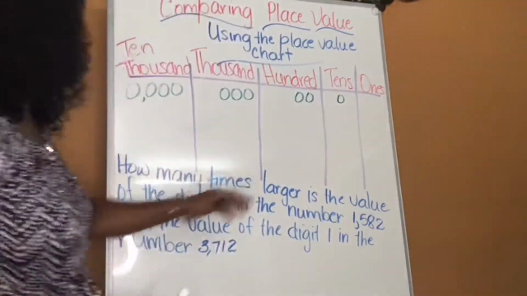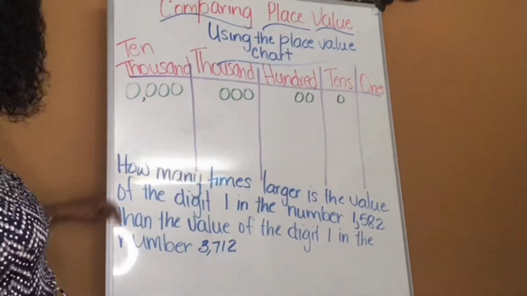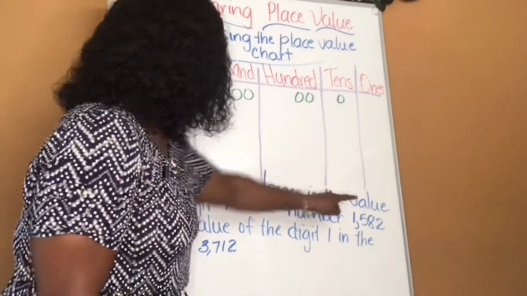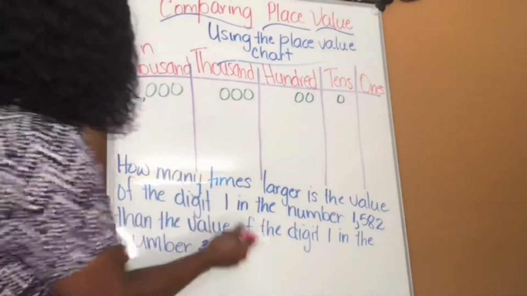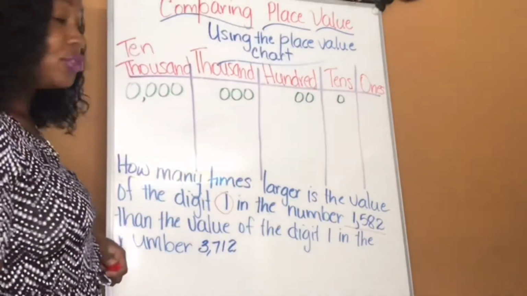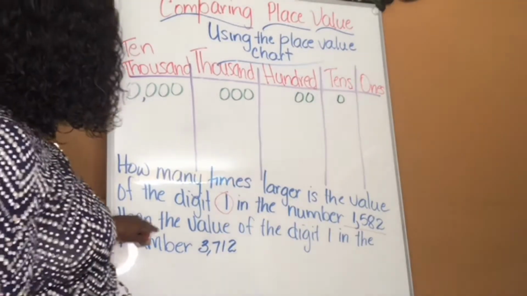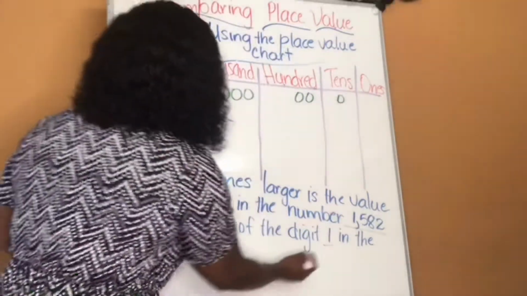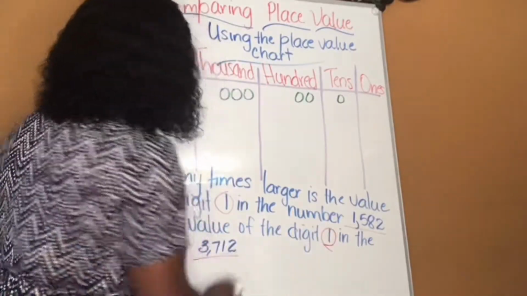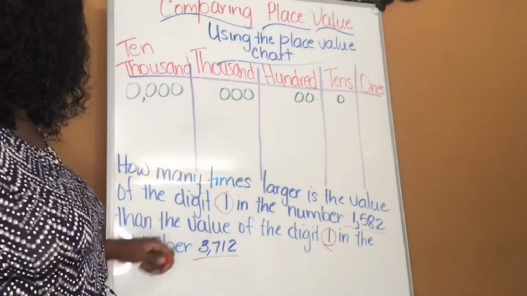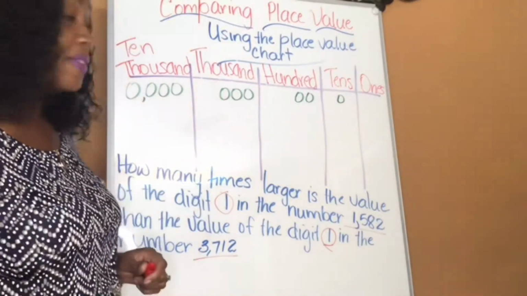So let's go to the example quickly. How many times larger is the value of the digit 1 in the number 1582 than the value of the digit 1 in the number 3712? First thing we need to do is put our numbers on the place value chart.